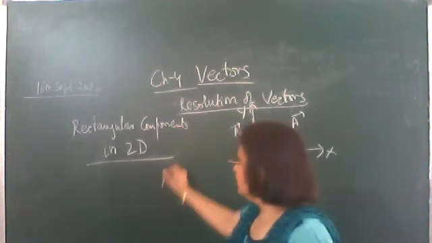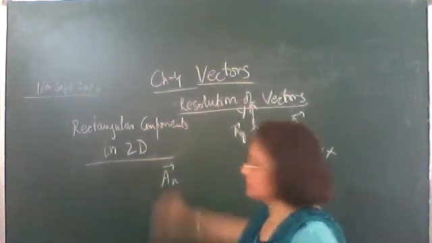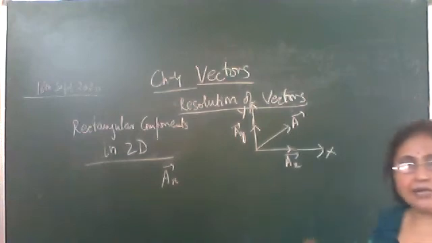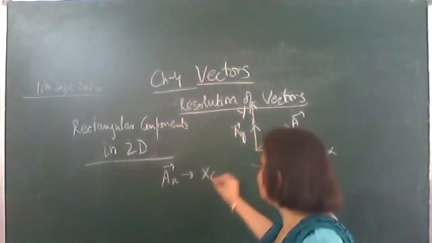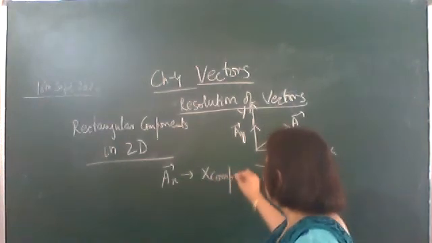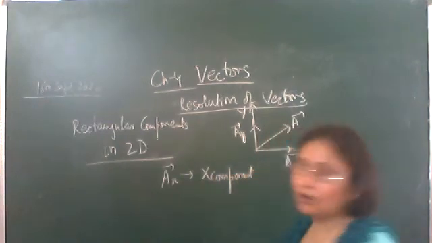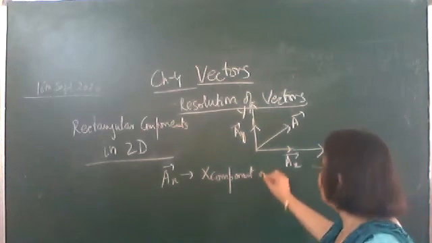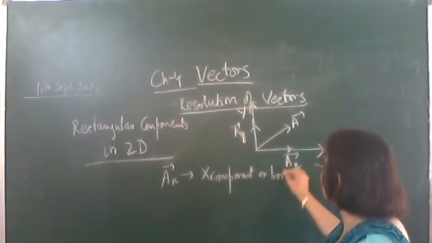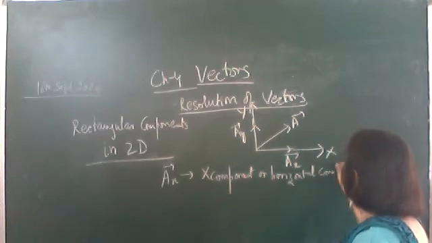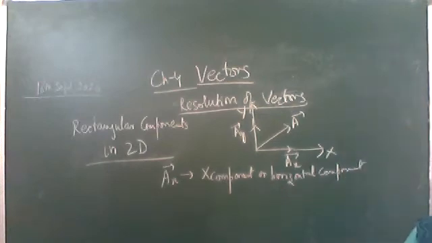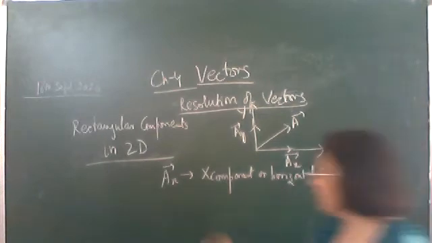Now here this component Ax, as it is acting along the x-axis, we also call it the x component, or as it is acting along the horizontal direction, we can also call it the horizontal component.